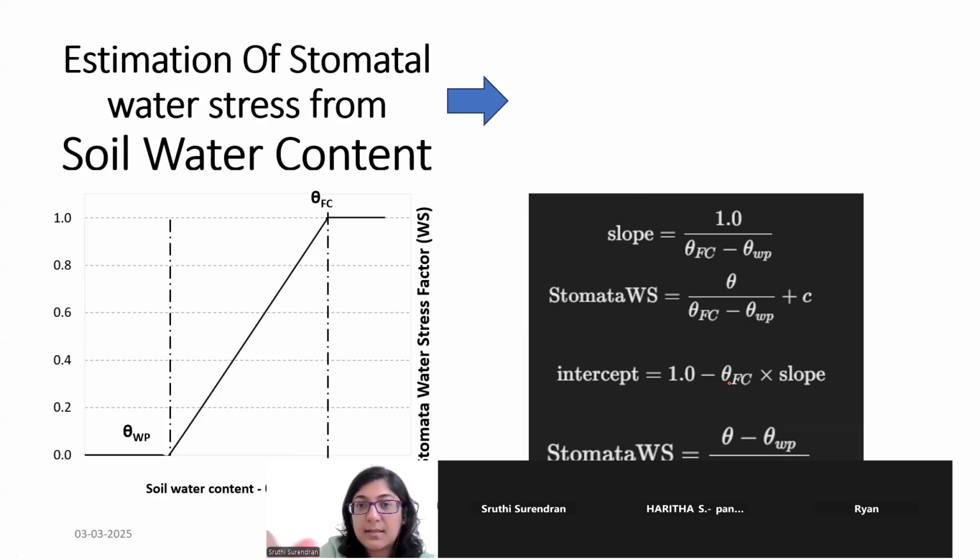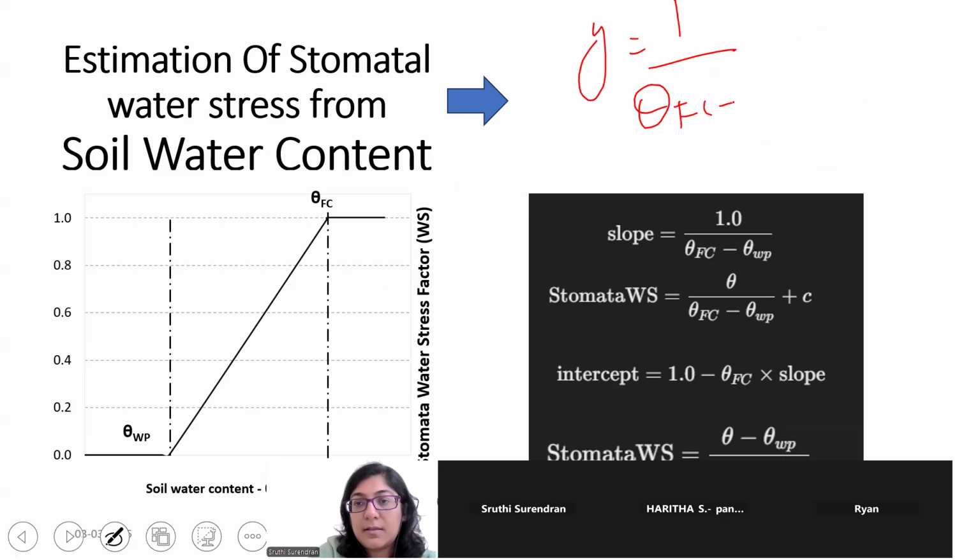Now applying this and this in y is equal to mx plus c, we get m is equal to 1 by theta Fc minus theta Wp. This is water stress. X is again some soil water content that we don't know.